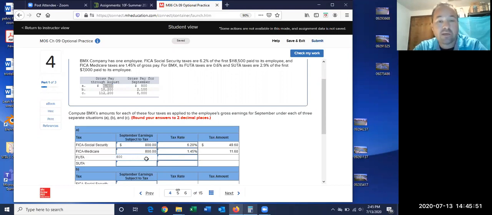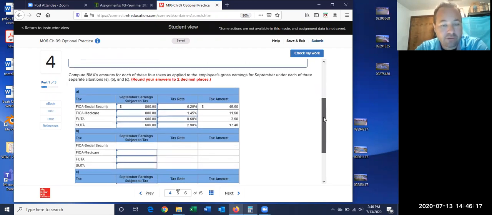I only want to tax until I get to the cap, which is $600 more. The rate for FUTA is 0.6%. And finally, FUTA and SUTA have the same cap, so that's going to be the same 600 here. And it tells us the SUTA rate is 2.9%.